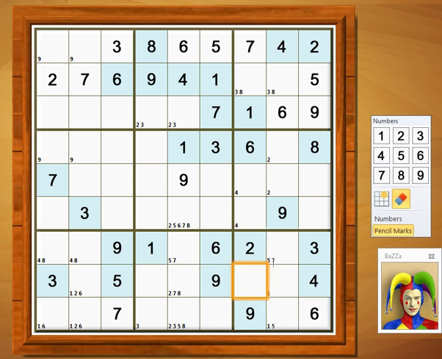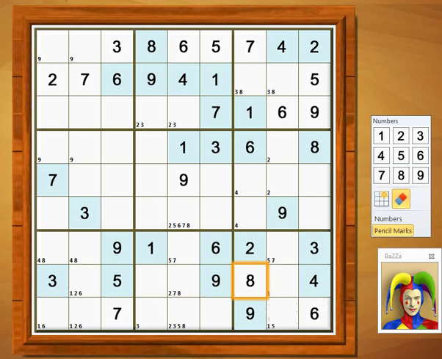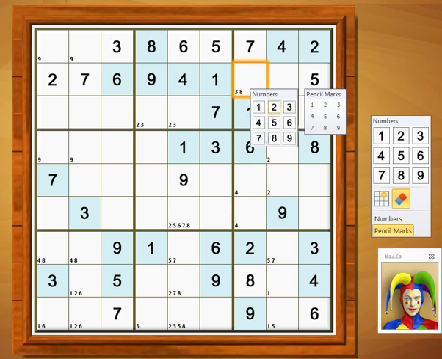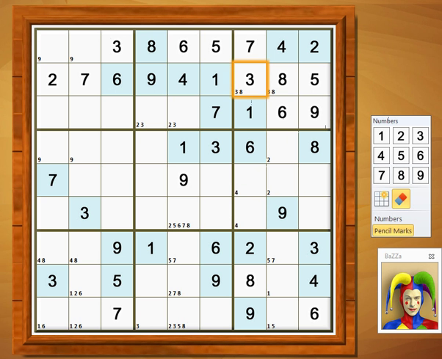Now that only leaves us with 1, 5, 7 and 8. So 1, 5, 7 and 8, because 8 is the last number, because we've got the 1, we've got the 5 and we've got the 7. And if we look up here, the 8, so that makes that the 3 and this one the 8.